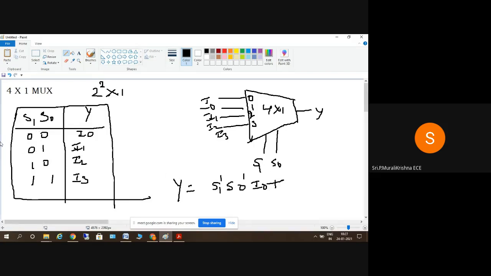So this is S1 bar, S0, I1, plus S1, S0 bar, I2, plus S1, S0, I3. So this is the equation, and now draw the logic diagram for this.